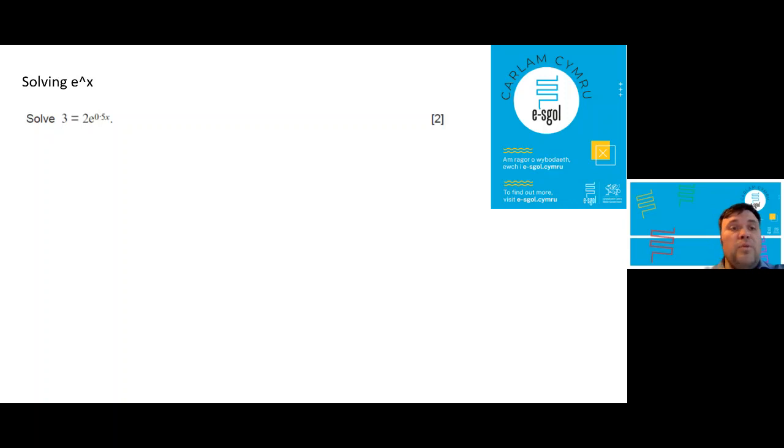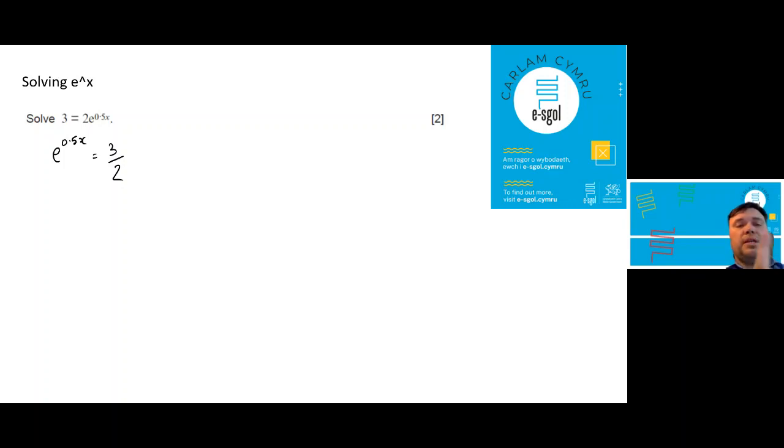You need to get e to the 0.5x on its own first of all. So you would take the 2 over to the other side, so it becomes divide. I would write it as e to the 0.5x equals 3 over 2. Now we need to get rid of the exponential, the e in this case, so that you can have 0.5x on its own. Like we did before, we take ln of both sides.